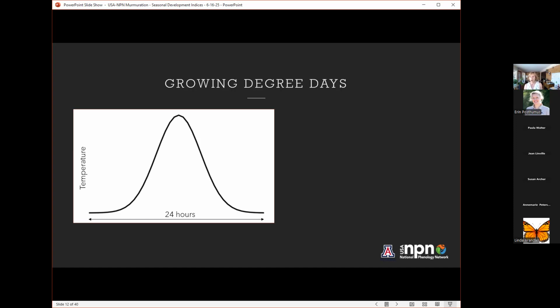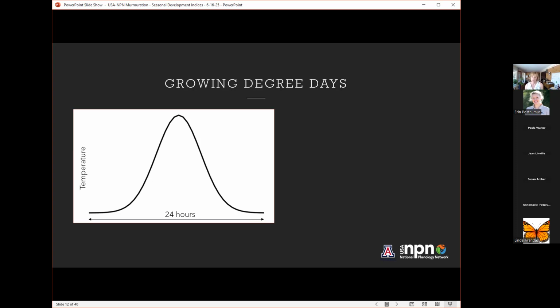Basically, if we think about a 24-hour period, generally what happens at a location is the temperature starts low early in the morning and then gradually increases as the sun comes up. Our peak in insolation and temperature is around late afternoon, 4 or 5 p.m., and then it starts dropping down.